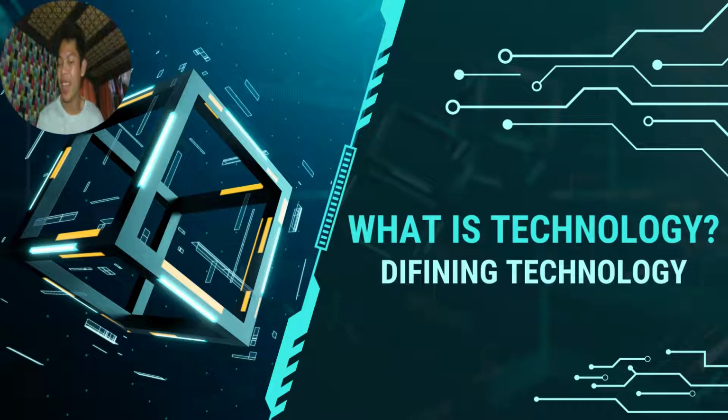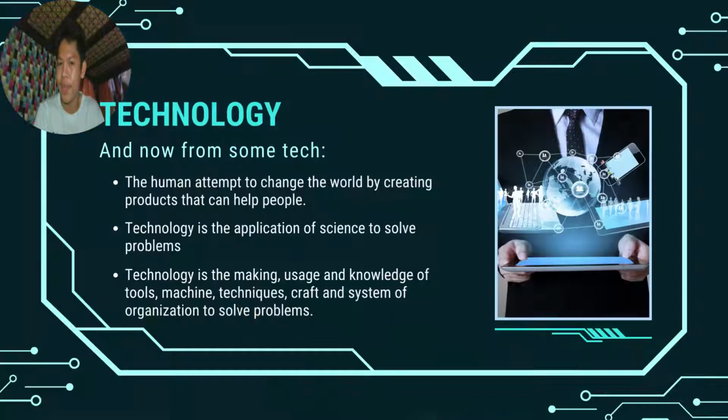The next one is technology. So what is technology? Defining technology. Technology is the human attempt to change the world by creating products that can help people. Technology is the application of science to solve problems.